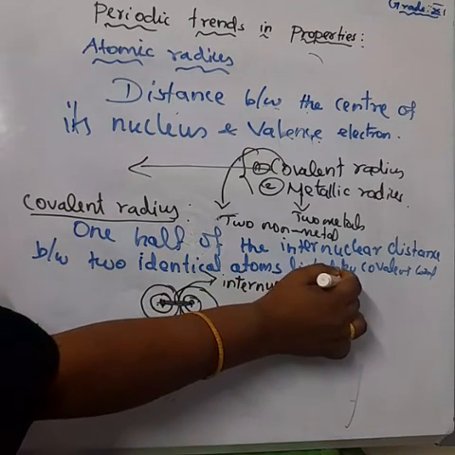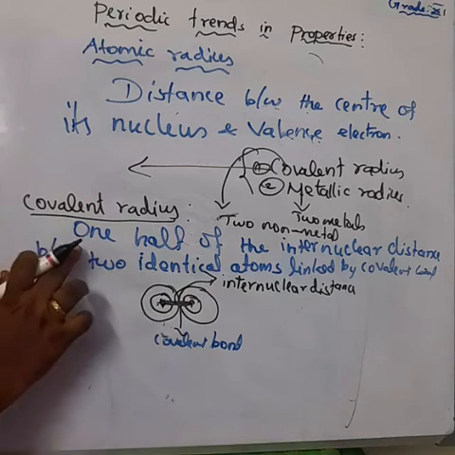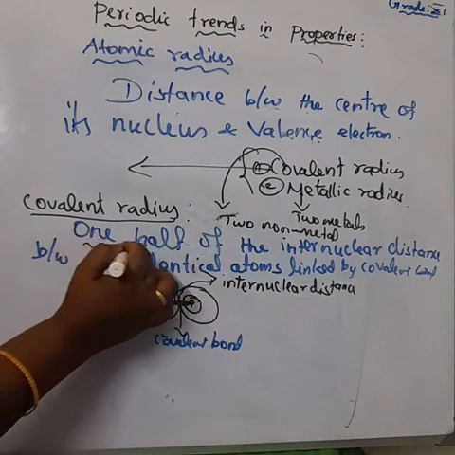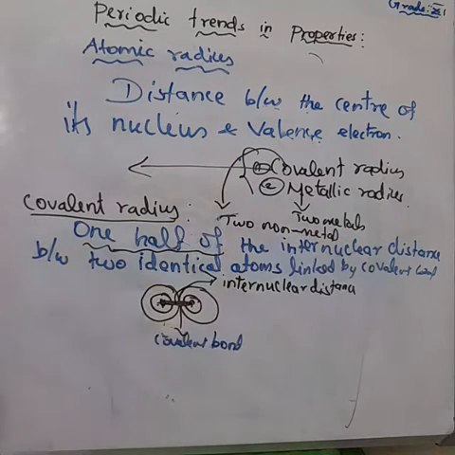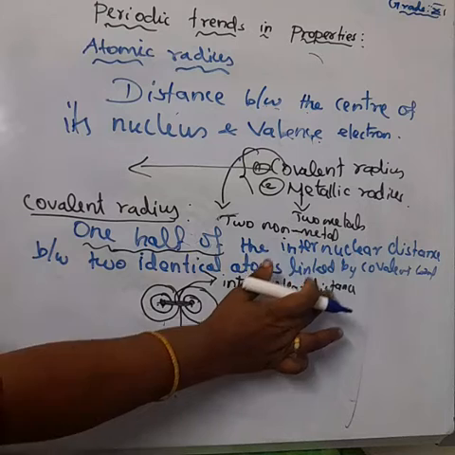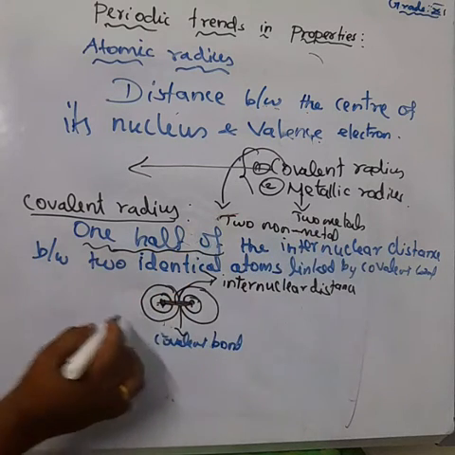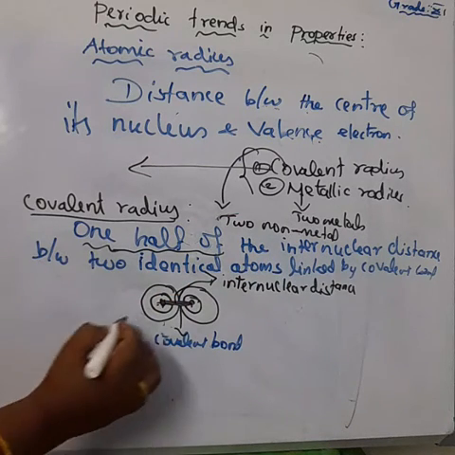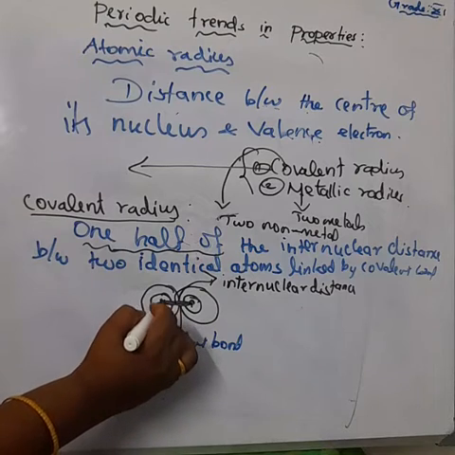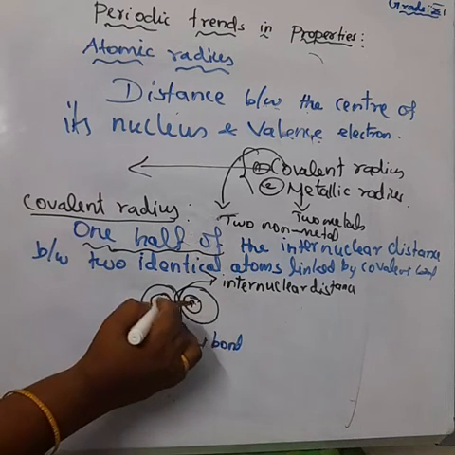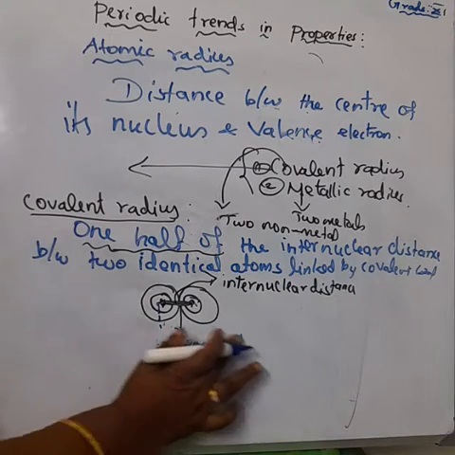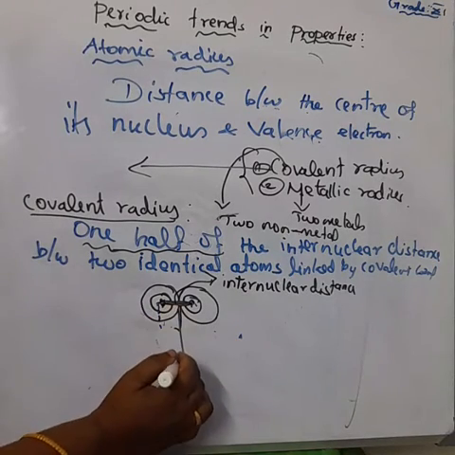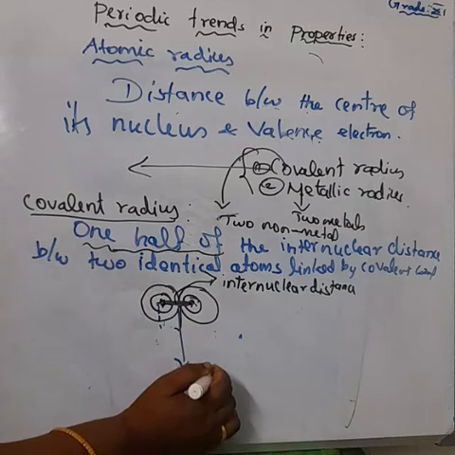So covalent radius is one half of the internuclear distance between two identical atoms linked together by a covalent bond. This is the internuclear distance between two covalently bonded atoms.